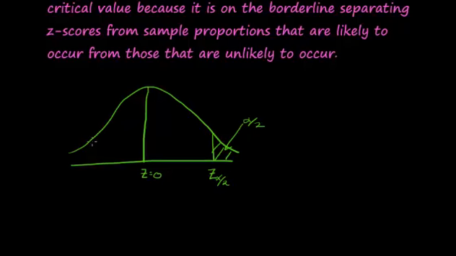And then the other half of that would be here. The z-scores that fall in this area or down here are those that are unlikely to occur. So this is the other tail with area of alpha over 2, and it will be the opposite of whatever this critical value is. So if this one we've seen, for example, 1.96 when alpha is 0.05, then this one would be negative 1.96.